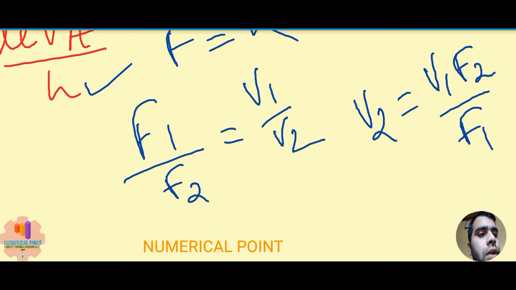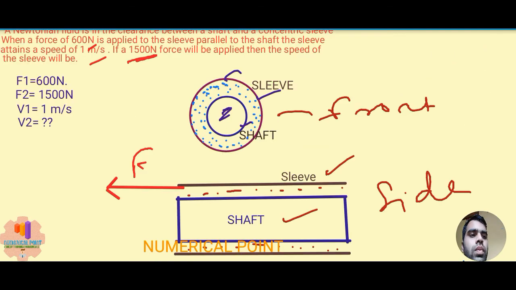So we know V1, we know F2, we know F1. Let's put the values and find the answer. V1 is 1 meter per second, F2 is 1500 Newton, F1 is 600 Newton.